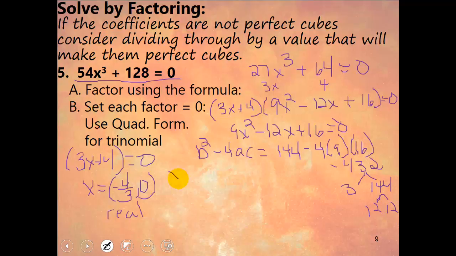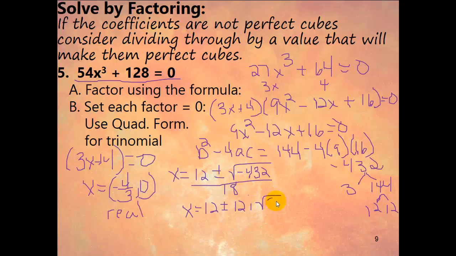So I'm going to get x equals the opposite of negative 12, so I'm going to get 12 plus or minus the square root of negative 432 over 18, and then I'm going to get x equals 12 plus or minus 12i root 3 over 18, and I'm going to divide top and bottom by 6, so I get x equals 2 plus or minus 2i root 3 over 3.